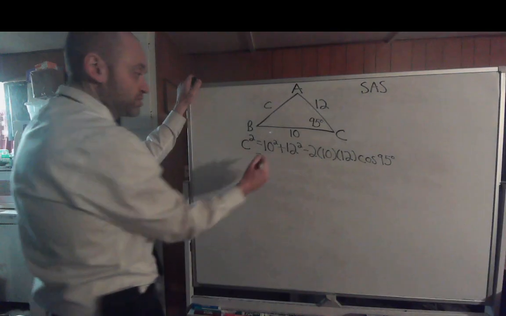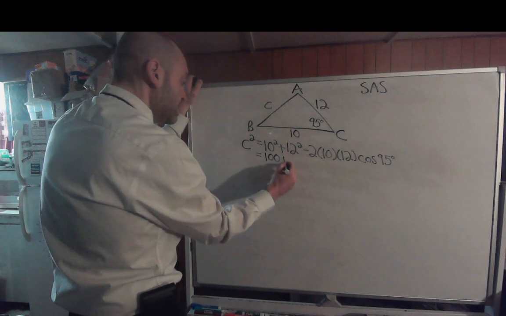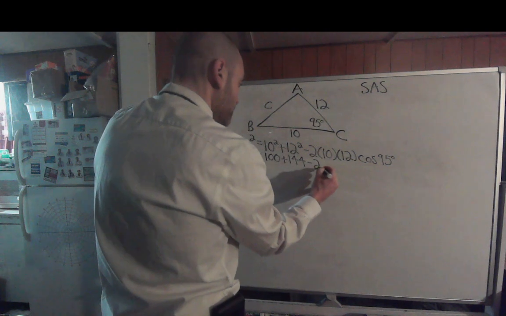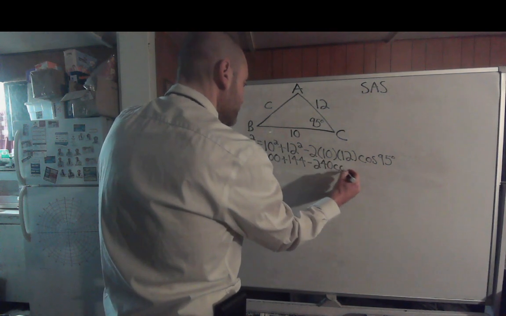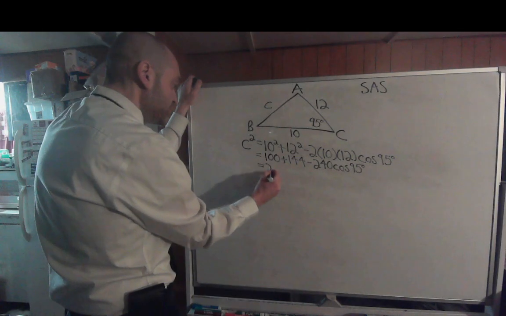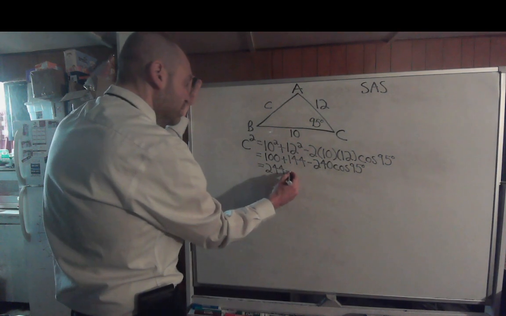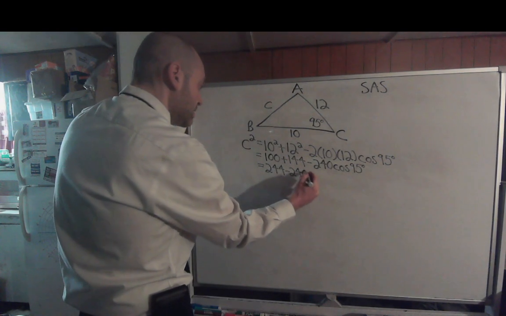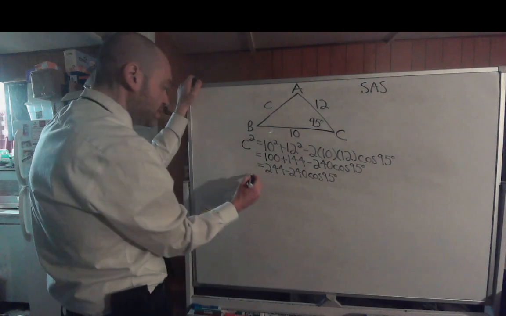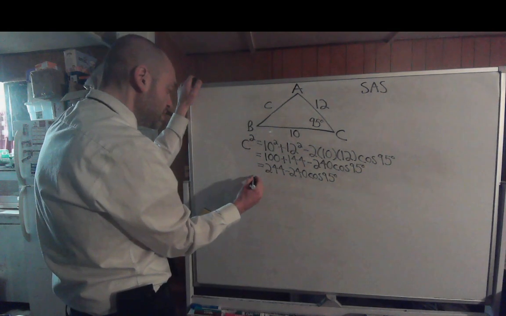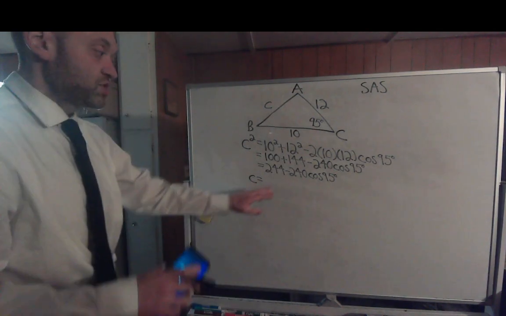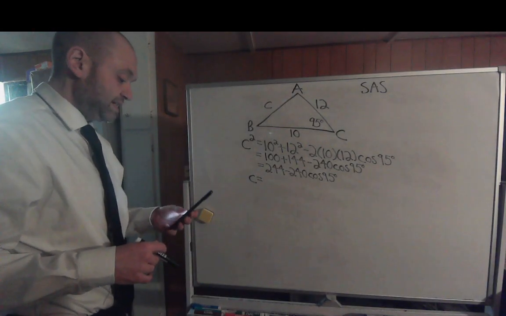So, of course, this would simplify into 100 plus 144 minus 240 times the cosine of 95 degrees, which would become 244 minus 240 times the cosine of 95 degrees. So then we can find C. If we just do this and take the square root of the result, we can get side C.